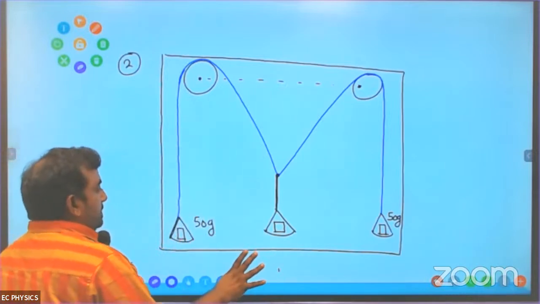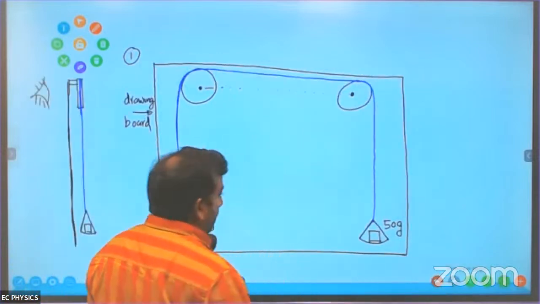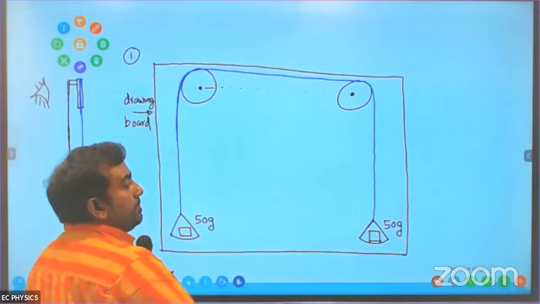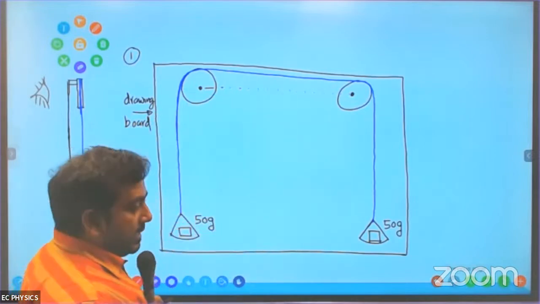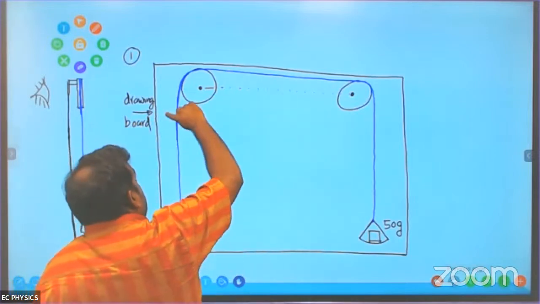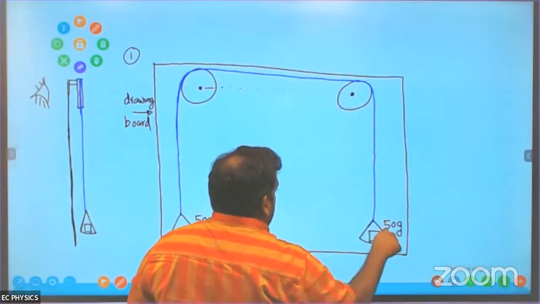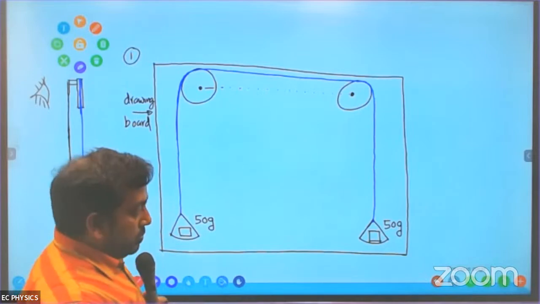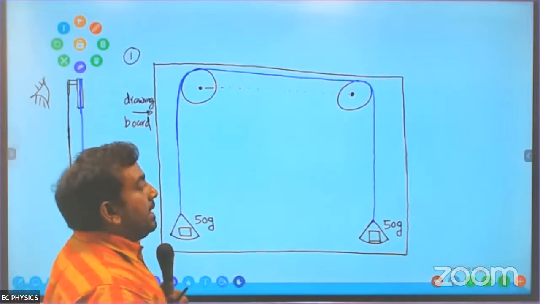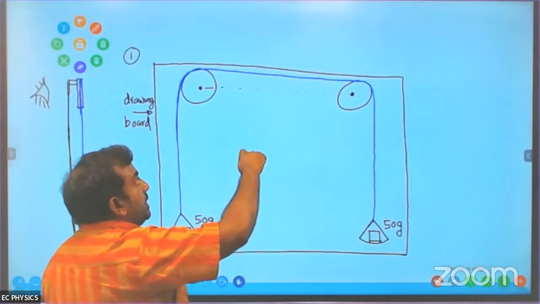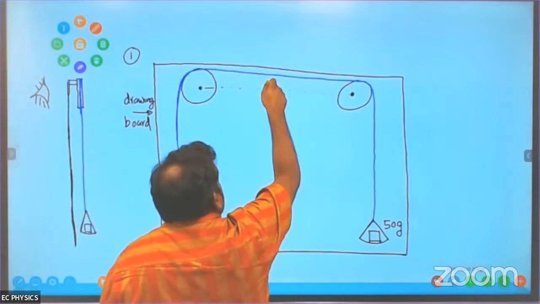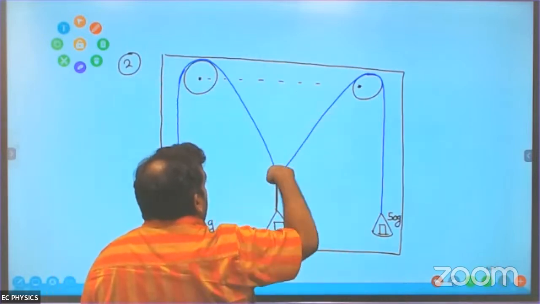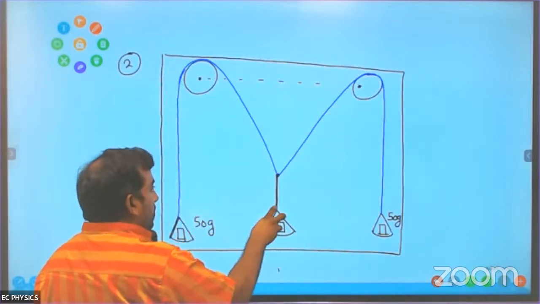So what you do now is, we'll recap back again. Place the pulleys so that the centers are in line. Send a string over the pulleys and fix two known weights. Take another known weight. Somewhere in between the two pulleys, you hang it. When you hang it, a V shape is formed like this.